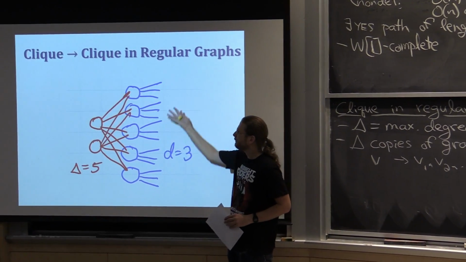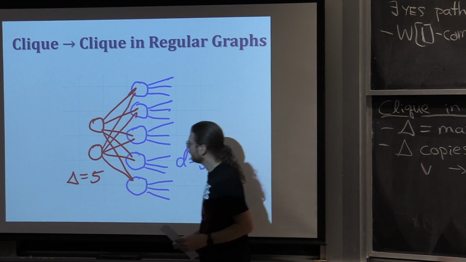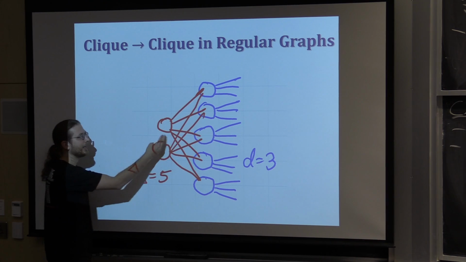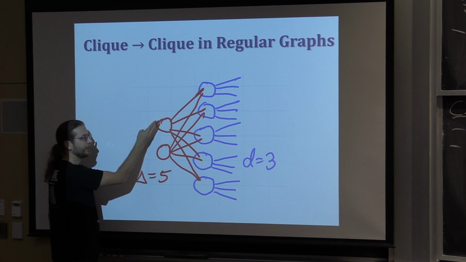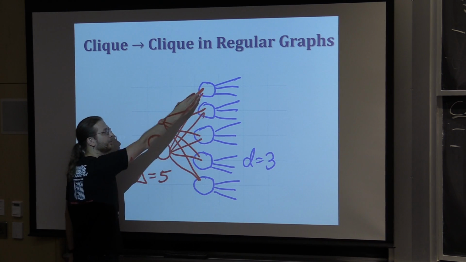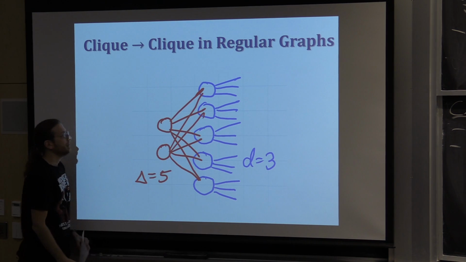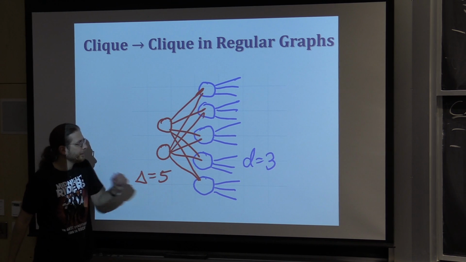But suppose in the graph this vertex only had degree 3, some number less than 5. Then what we're going to do is create delta minus d new vertices, and then add a biclique here, a bipartite clique, connecting all of those delta minus d things to all of these delta things. They're delta copies of the original vertex. This is v over here, v1 through v delta.